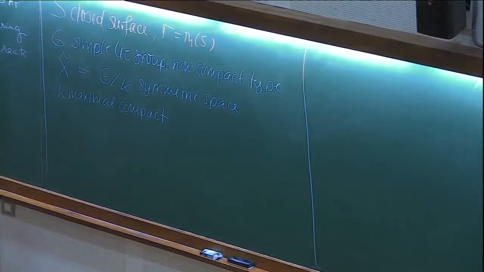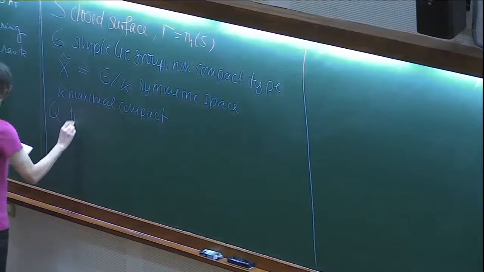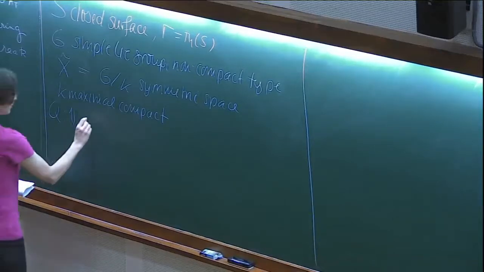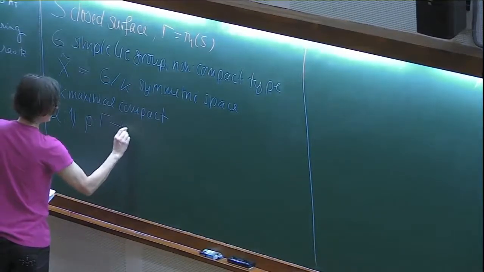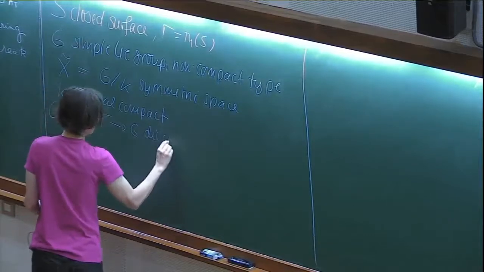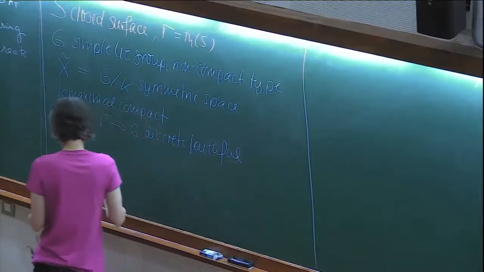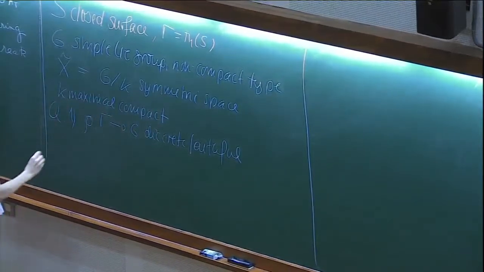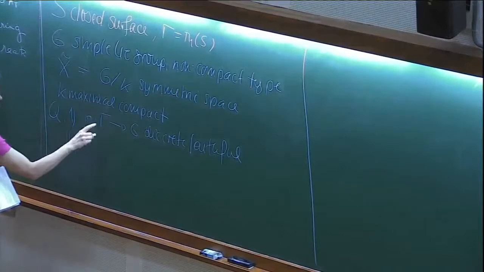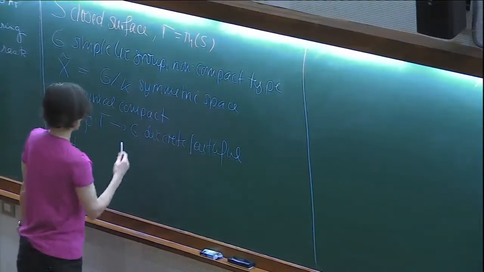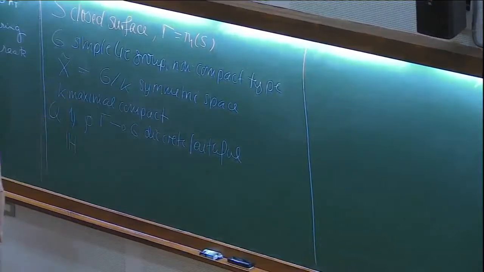Now let me put up a few questions, basically none of which I can answer properly. So let us assume we have a discrete faithful representation. Then we obtain a flat bundle as follows. For the sake of simplicity, think of gamma as a subgroup of PSL2R, because I know that this surface subgroup can be embedded into PSL2R as a lattice.